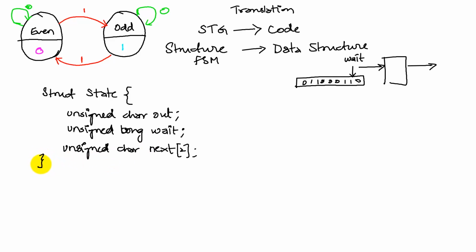And the idea will be that what I'll store here, I might write a comment here. This will be the index of the state. So in other words, if I want to say that on an input of 0, I go to the even state, even state is going to be given an index, and odd is going to be given an index.